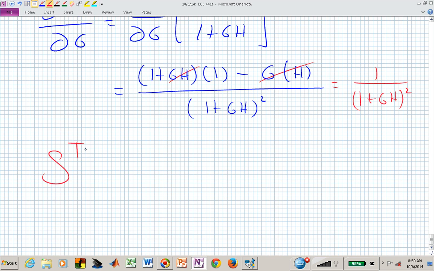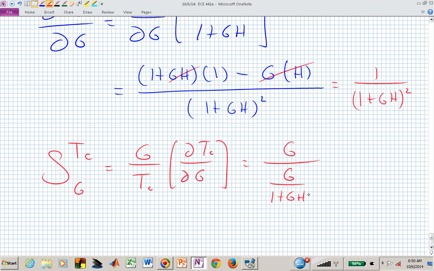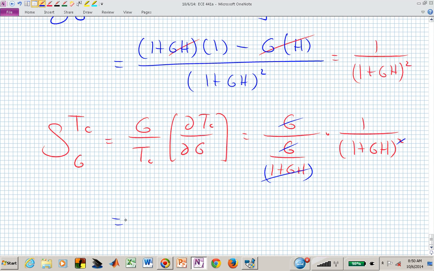Doing that, the sensitivity of T sub C with respect to G is G over T sub C, partial of T sub C with respect to G. Now I have G over 1 plus GH times 1 over 1 plus GH squared. If we do some canceling, that G cancels that G, and this is one of those, so that cancels one of those, and the sensitivity of the closed loop transfer function with respect to the plant is 1 over 1 plus GH.